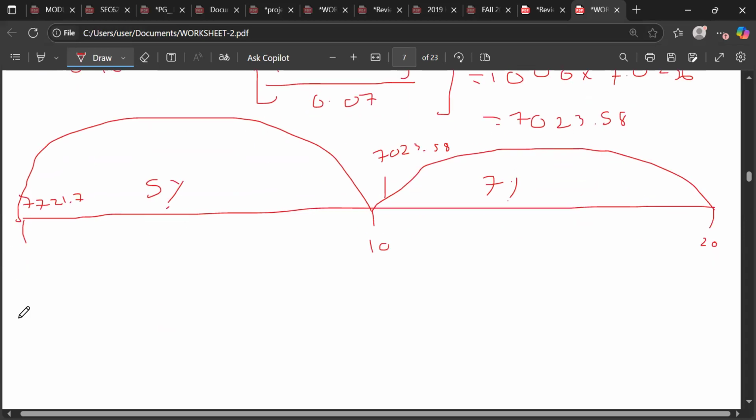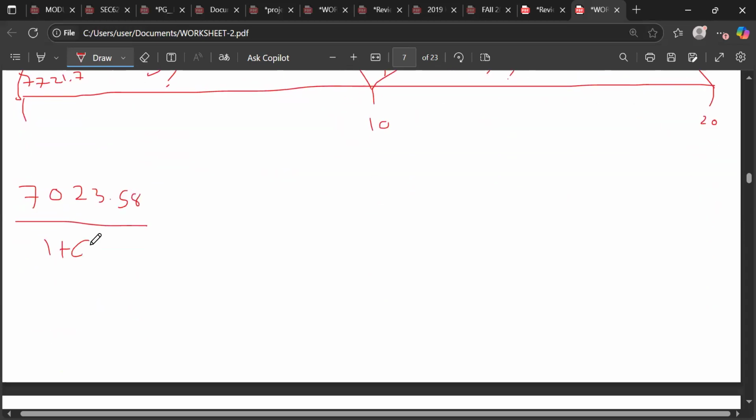So which means now we're going to say 7,023.58 over 1 plus the rate, which for the first 10 years is 0.05, to the power negative 10, which will give us this divided by 1.05 to the power 10, to give us 4,311.87.